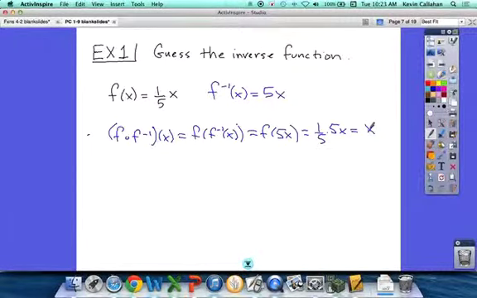And then it has to work both ways, right? It can't just be you check f of f minus 1, you got to check the f minus 1 of f. Reverse the order. f minus 1 of f of x equals f minus 1 of f of x. Then replace the f of x, the inner function, with what it equals, 1/5 x.